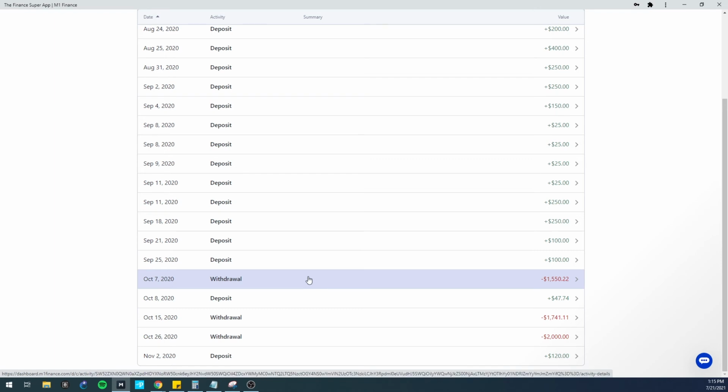Why would you want to specifically look at your deposits and withdrawals? If you're managing the account with another person, your spouse, your children, custodial accounts. Let's say you have a custodial account, and they're 13, 15, 16, still a minor, but you want them to have a little bit more control over what they do with their account.